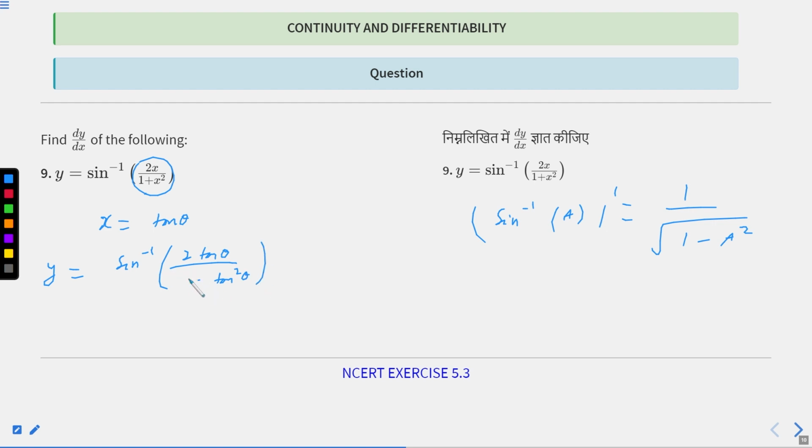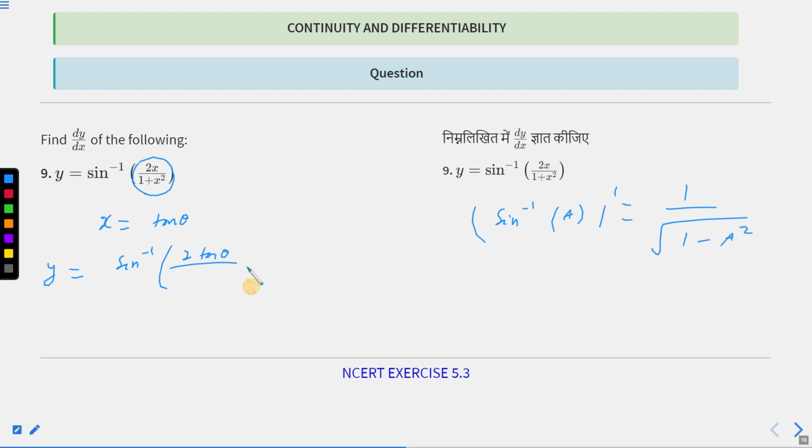Now what will happen? 1 plus tan square theta is sec square theta, which becomes 1 over cos square theta. Directly, if you remember, this is nothing but sine 2 theta.